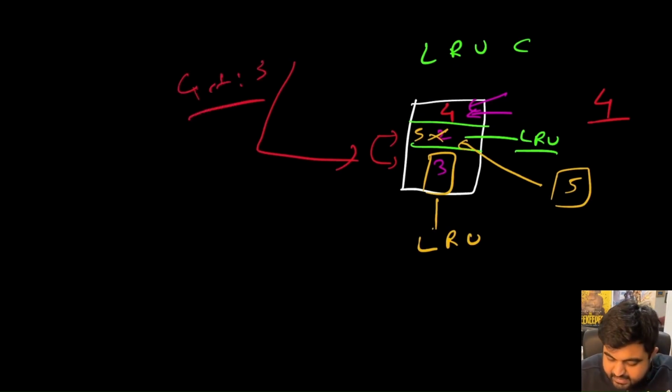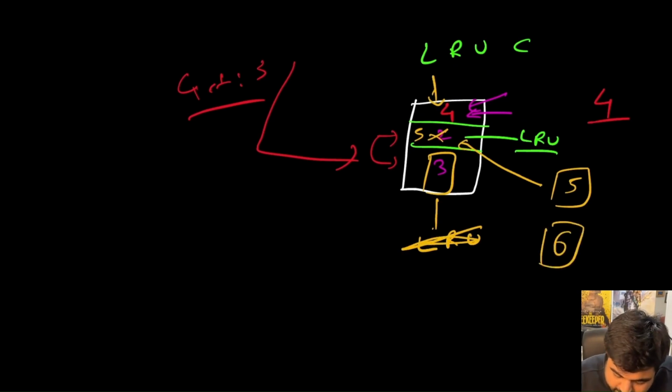In this case, now 3 is no longer the least recently used value. Now the least recently used value is going to be value number 4. So if I have to enter value number 6, again I'm going to kick out value number 4 and add value number 6 over here. This is the constraint of a least recently used cache, and this is what we need to implement.